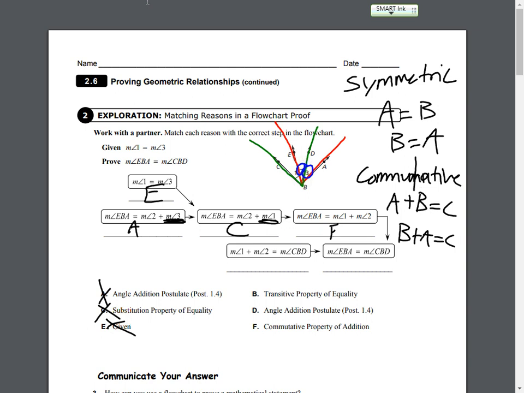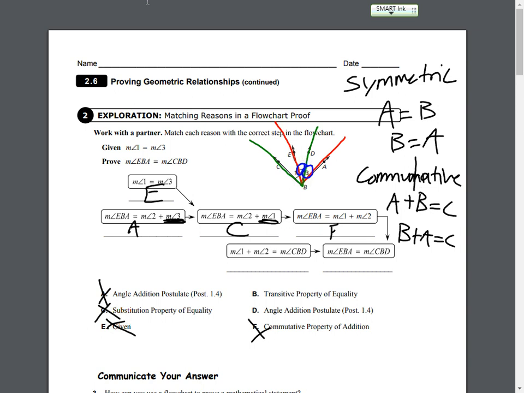Okay, this step down here on the left, measure of angle 1 plus the measure of angle 2 equals the measure of angle CBD. CBD is that green angle, right?